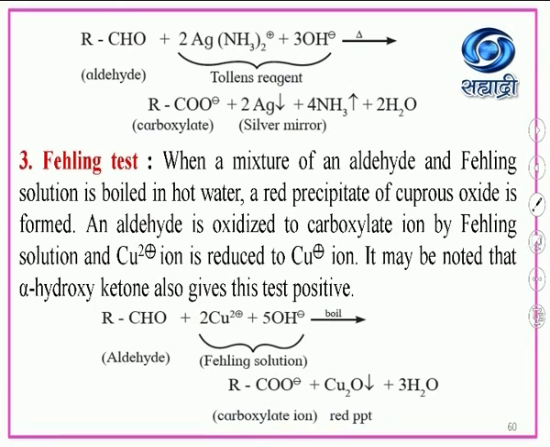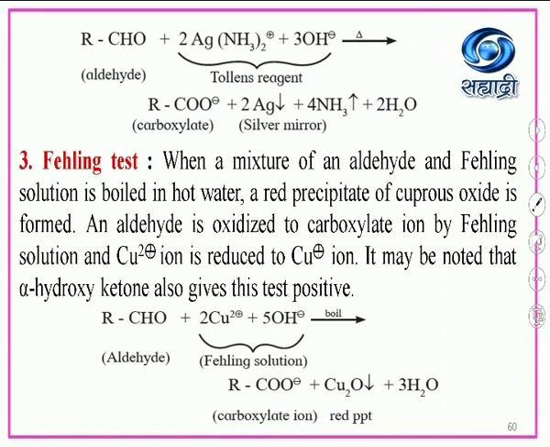Collectively this is known as Tollens reagent. When it is heated, it will give RCOO-, that is a carboxylate ion, plus 2Ag, that is the precipitate obtained, the silver mirror, plus 4NH3, that is ammonia gas, and plus 2H2O, water molecules.